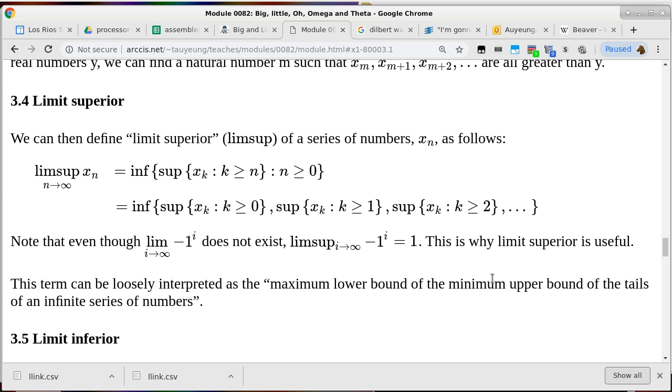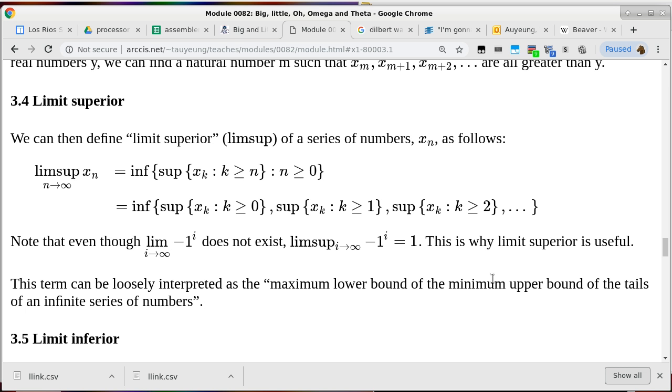So now we have limit superior, which makes use of infimum and also supremum. When you look at this, the definition of the limit superior of a series x, where n goes to infinity, is this. What is that?